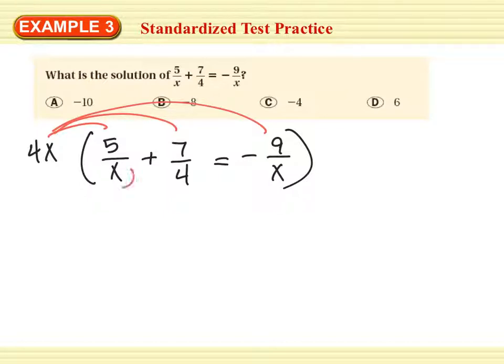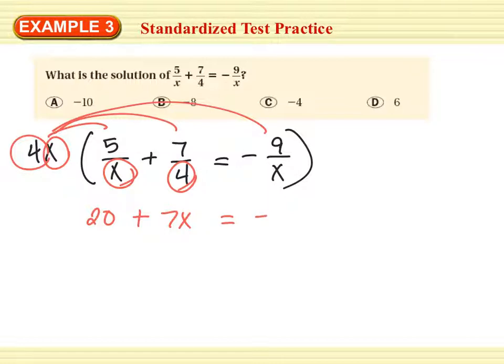But what I always do is I say, okay, I have an x, so I just need to multiply the 4 through. So I'm going to say 20. I have a 4, I'm just going to multiply the x through. I have an x, so I'm just going to multiply the 4 through. And that's it. Now I can solve it.